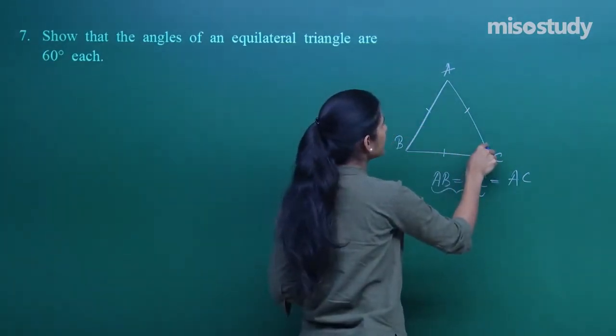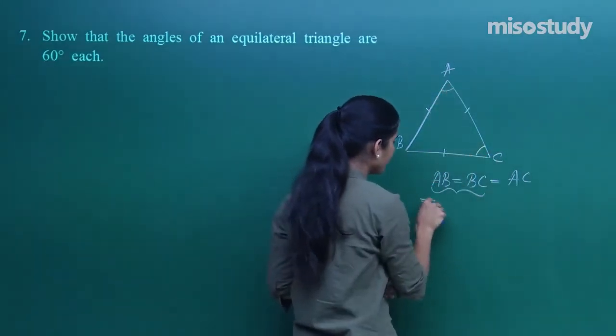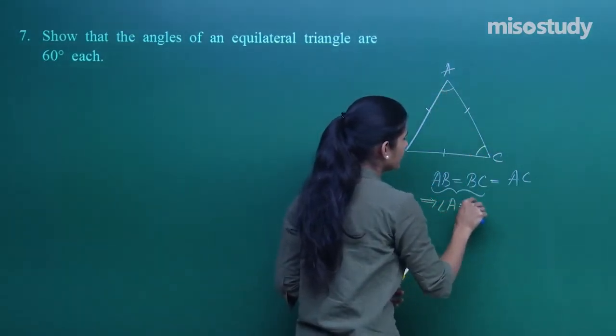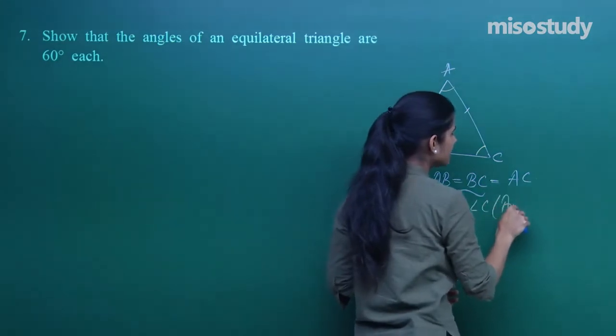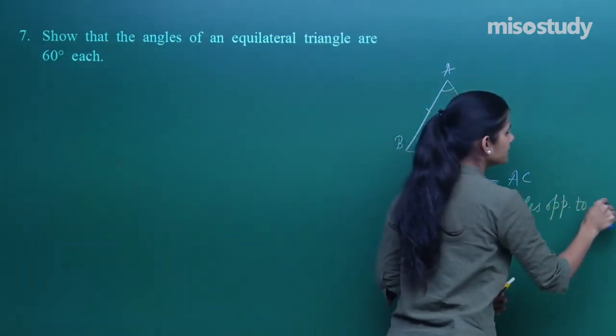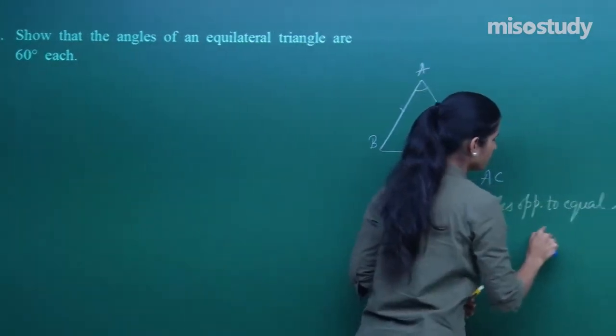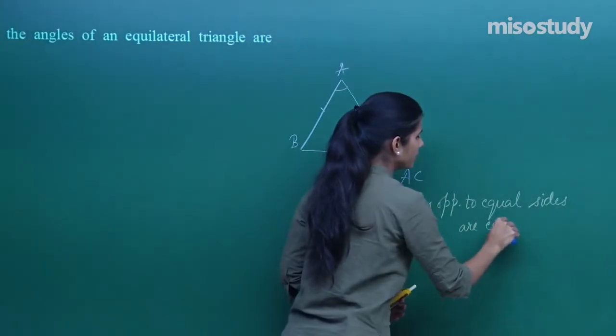Opposite to AB is this angle, opposite to BC is this angle. So you will have, this implies angle A is equal to angle C, since angles opposite to equal sides are equal.